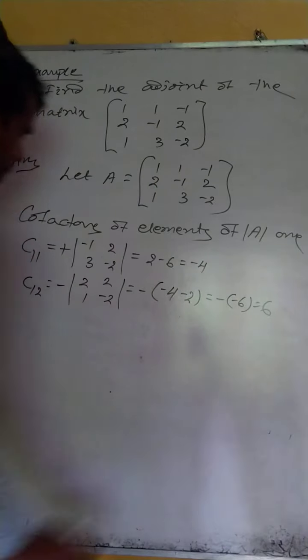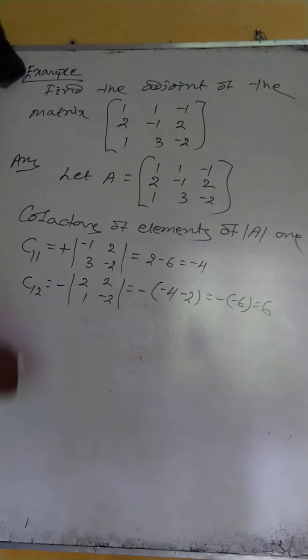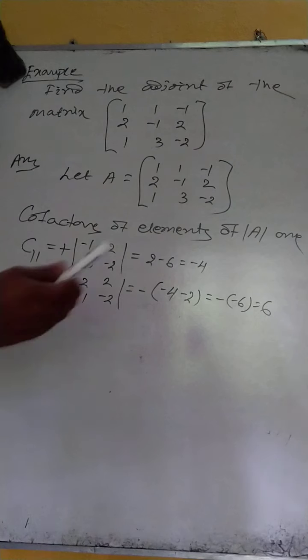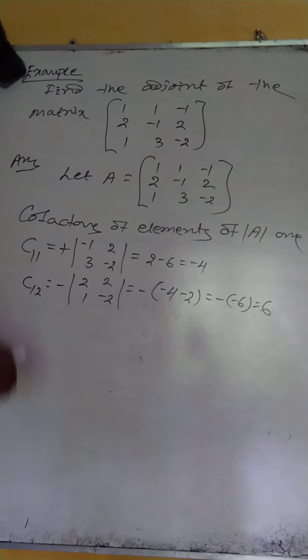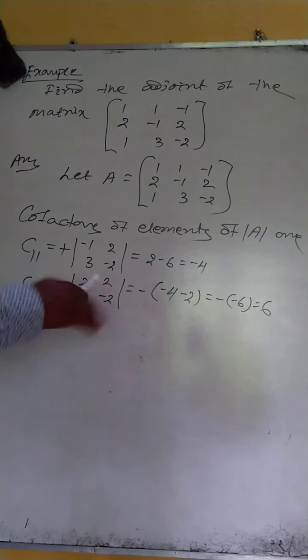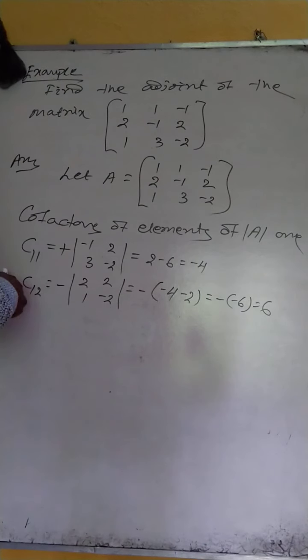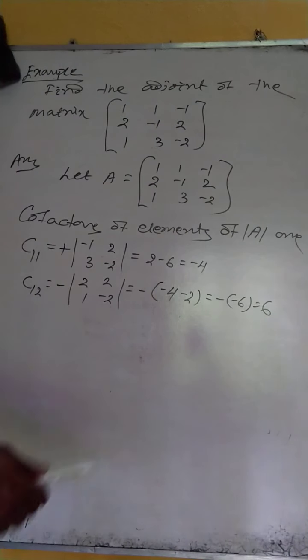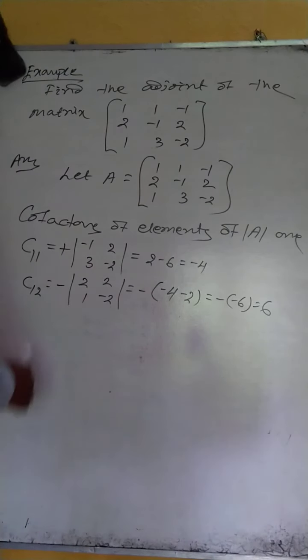Where the sum of row and column is even, the cofactor of that element is plus of its minor. Where the sum of row and column is odd, the cofactor of that element is minus of the minor of that element.